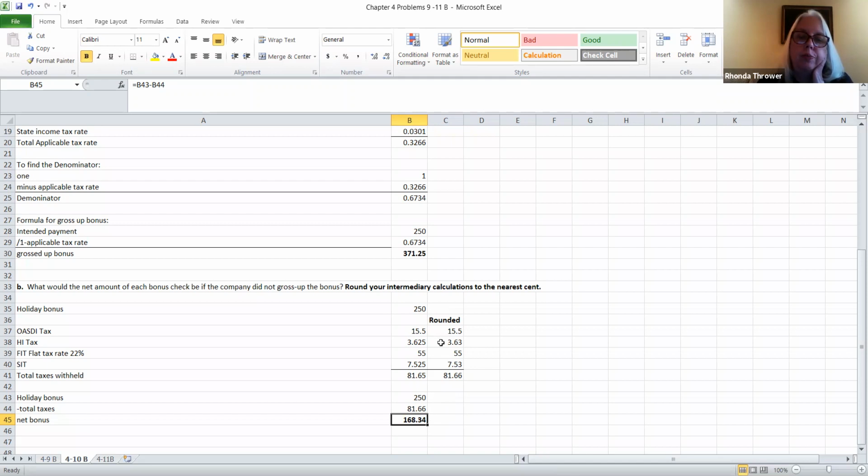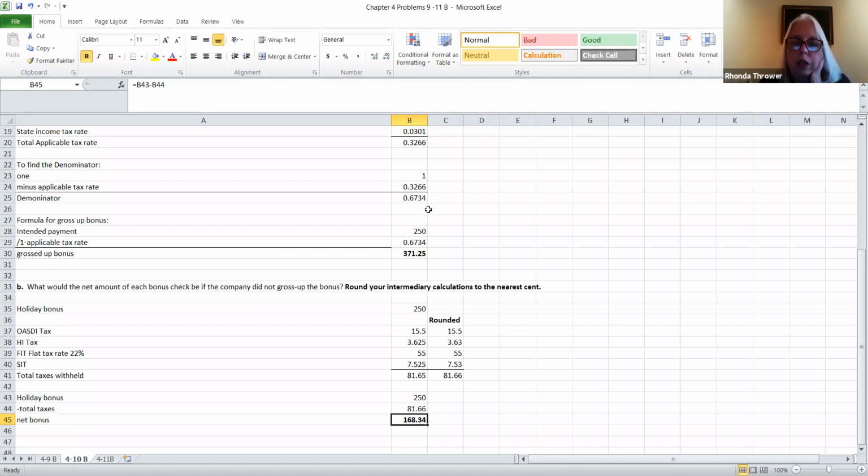So to find the grossed-up amount, we have to use this formula right here. You have to figure 1 minus the applicable tax rate before you can enter this amount in. To do that, we found all of our taxes, combined them together, and subtracted them from 1 to get the leftover amount, the denominator.